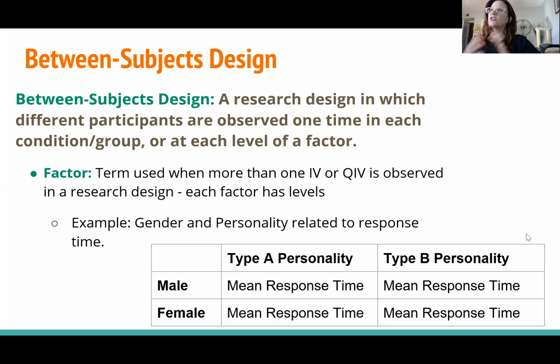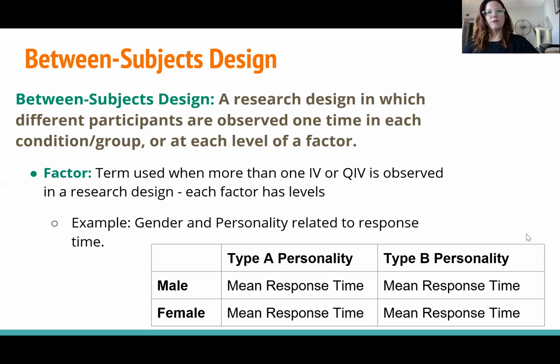It's just a term that is used in the statistical software to ask us which independent variable we'll be focusing on, or quasi-independent variable. Instead of distinguishing between a true independent variable or a quasi-independent variable, they've come up with a short term called factor. And so each factor can have different levels.